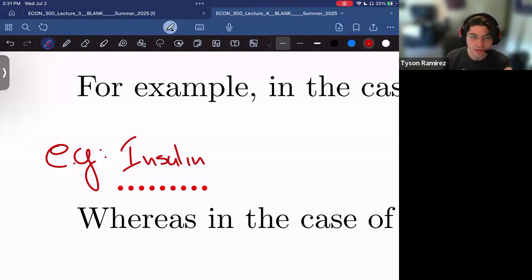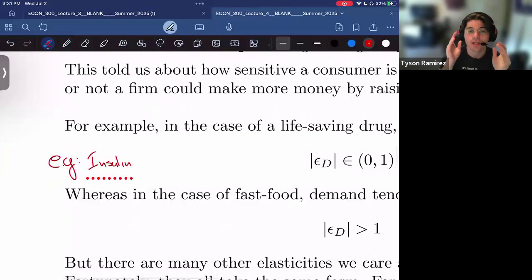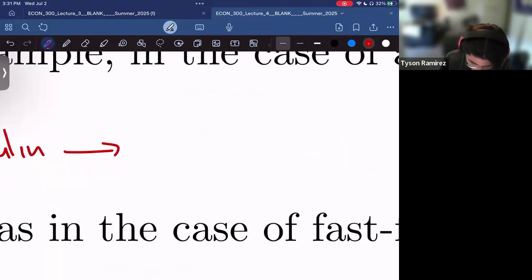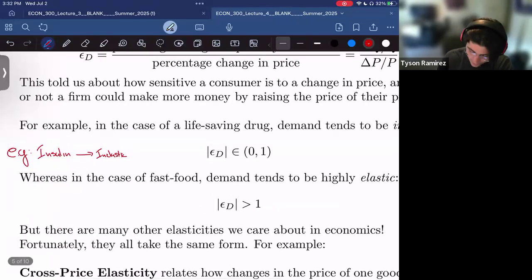No matter what the price is, they're going to need it regardless. This is inelastic because the pharma folks, the manufacturers, can raise the price and people are still going to buy. They're just going to have to deal with it, at least as much as they can. So insulin is pretty inelastic.